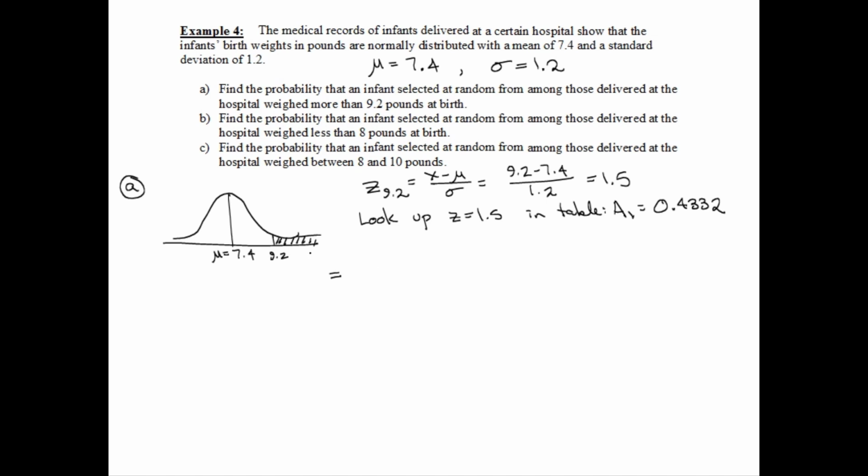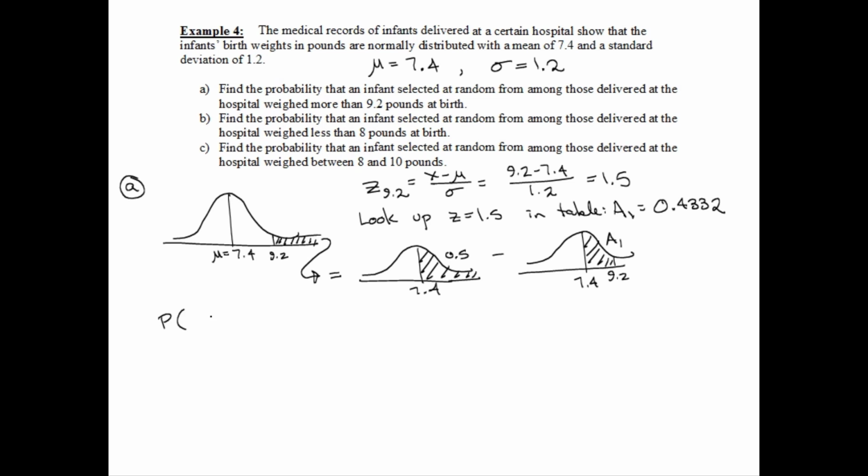The way we're going to get this shaded area is we're going to realize half the area is 0.5. Then we're going to subtract that area that we just found, which is the area between 7.4 and 9.2, which I'm calling A1.